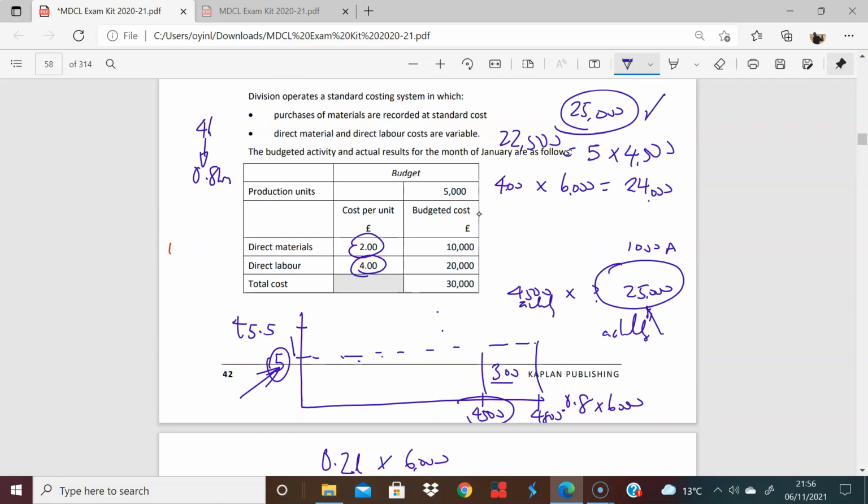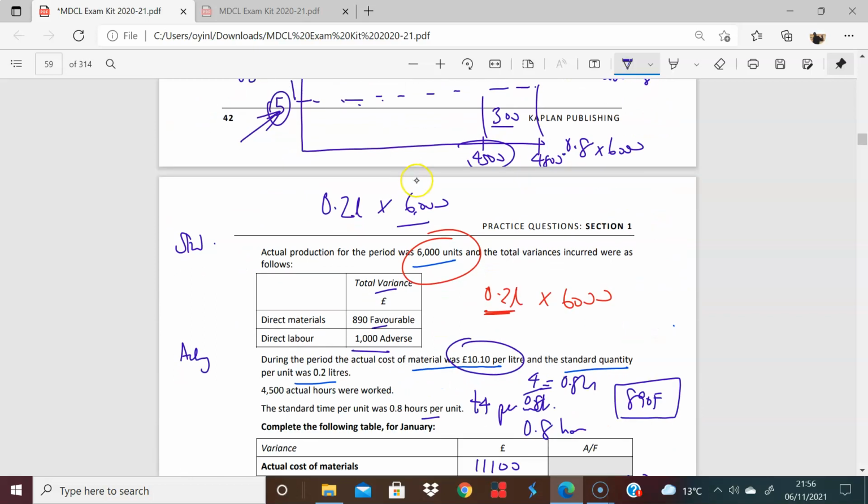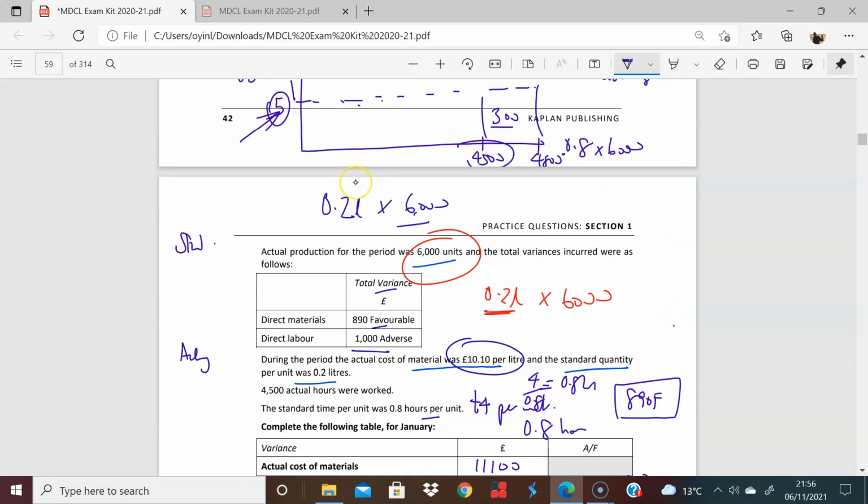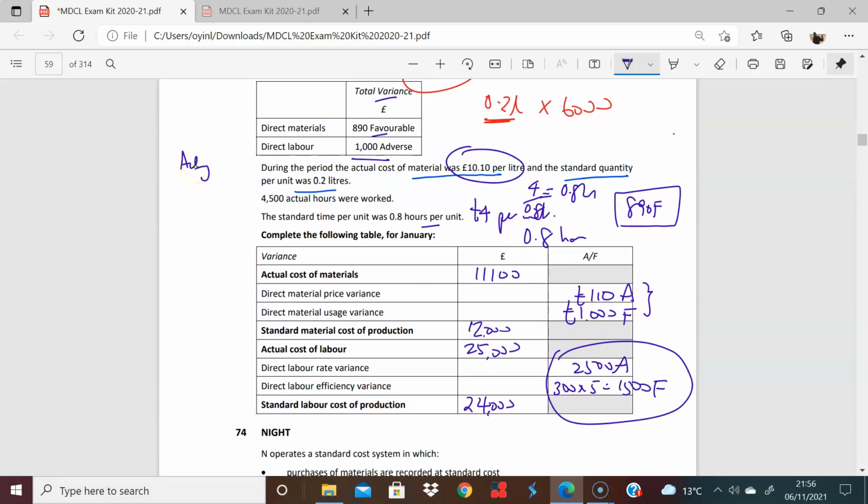So these figures here only help me to work out the actual input amounts. But this is something you will see again and again, and you need to be happy with that. The difference between the actual cost of material and the standard cost of production, so that's taking the standard cost of a unit and multiplying it by actual output, is what this is.